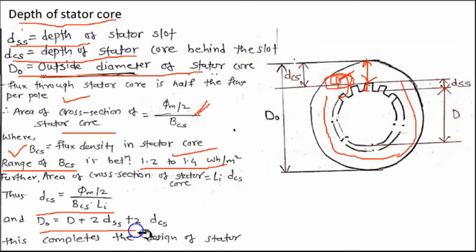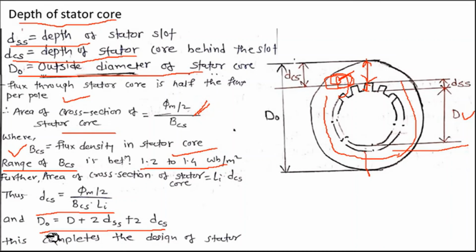And DO, the outside diameter of your stator core, is given by D. This one is D, the diameter of the stator bore. After that 2 DSS, this DSS plus this DSS, so 2 times DSS plus 2 times DCS. This one is the first DCS, and here the second DCS.